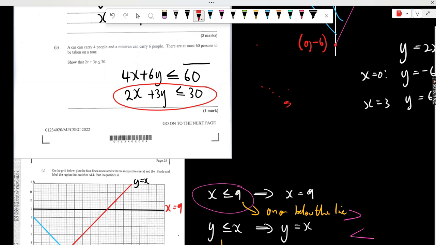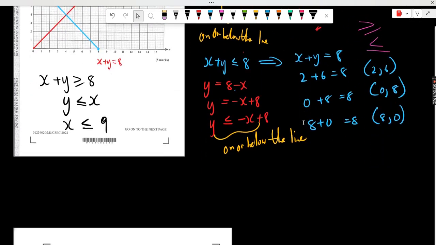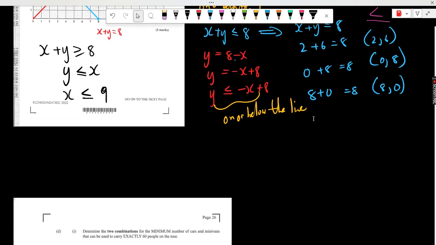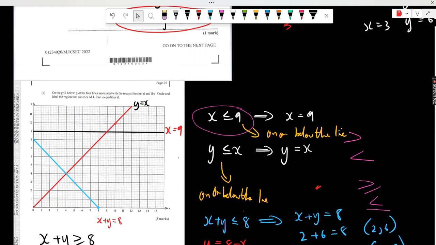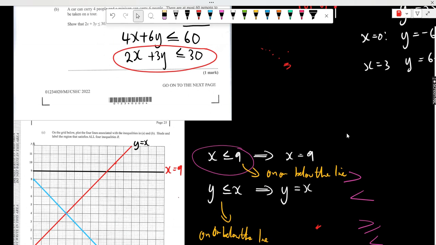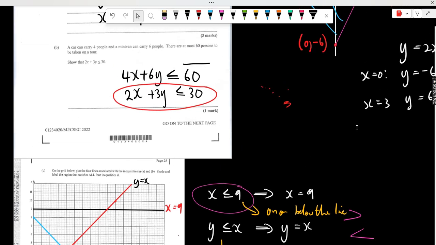So this next inequality is 2x plus 3y is less than or equal to 30. Just as with the others, we need to identify the line associated with it and draw the line. I will just need 2 points on the line.